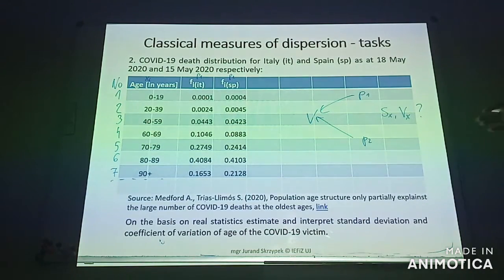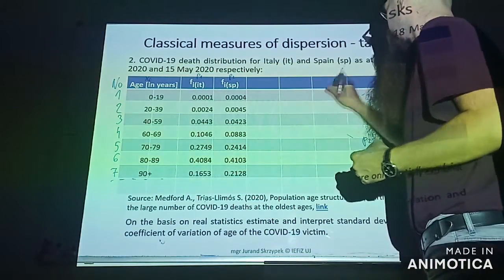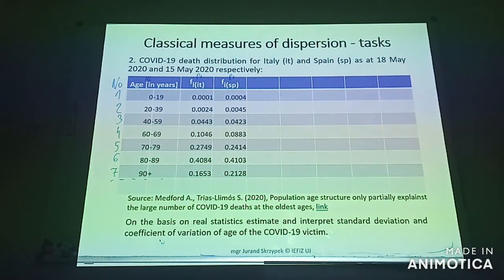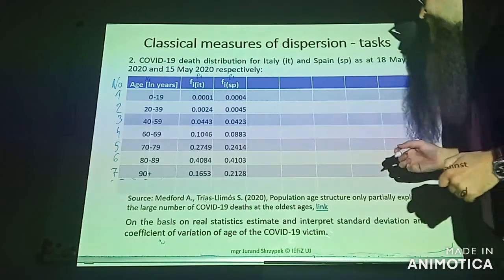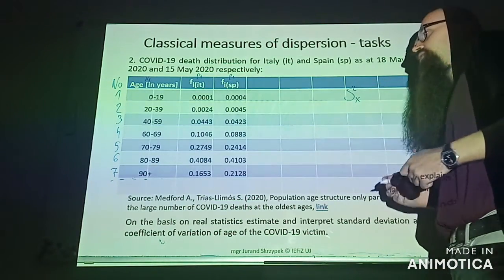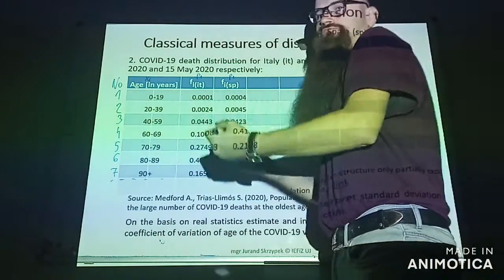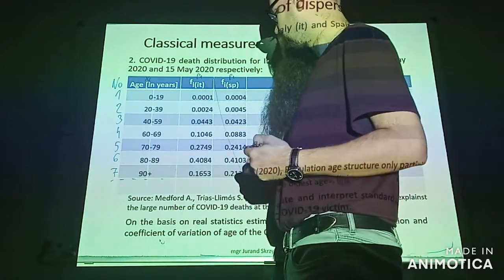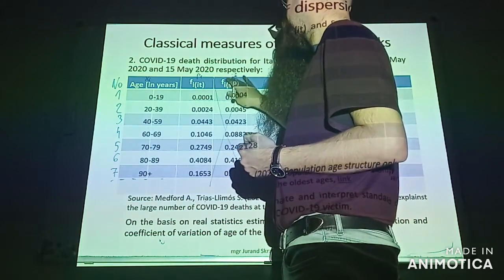Yeah? Okay. In the first step, we should compute variance. Let's assume that my main subject of interest are Italian COVID-19 victims.